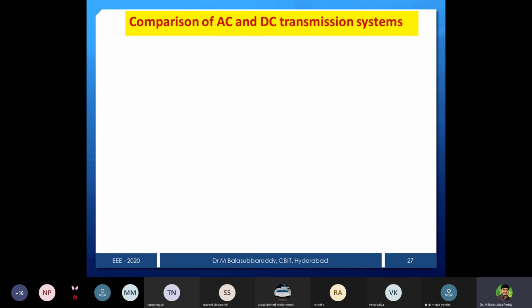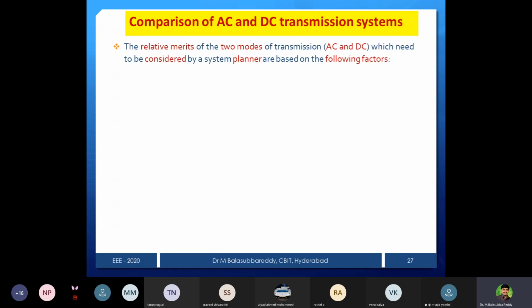Now we come to the question: comparison of AC and DC transmission systems. There are three major comparisons we need to come across. One is economic, another one is technical, and the third one is reliability. This is a very important question. If this is an essay question, you must explain all three factors: economic, technical and reliability aspects.